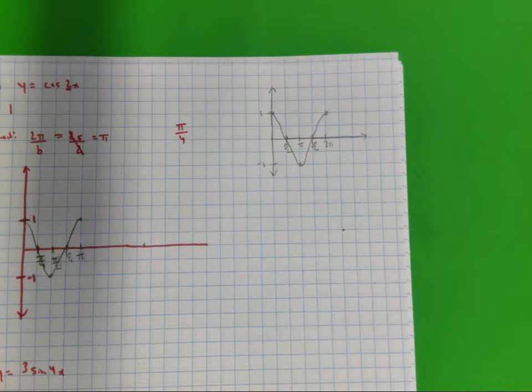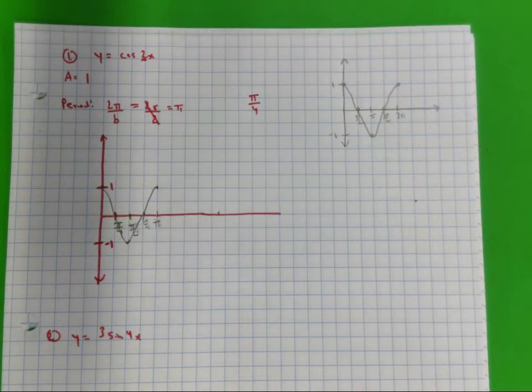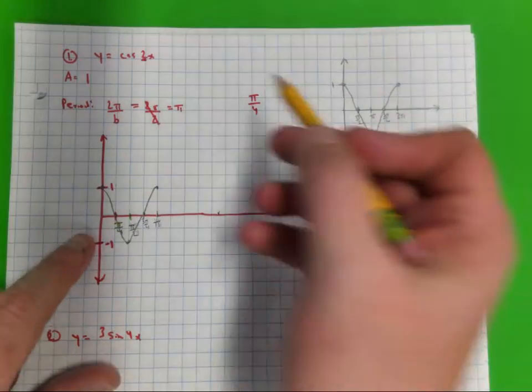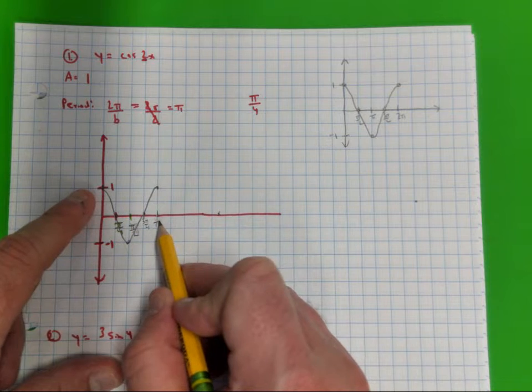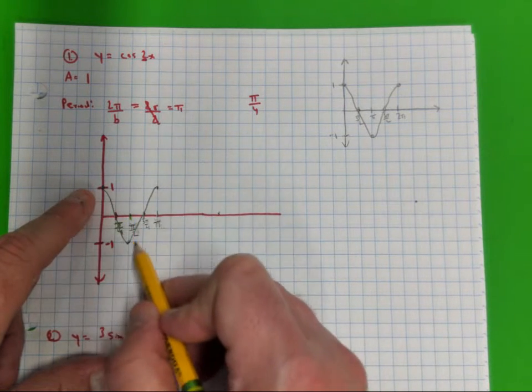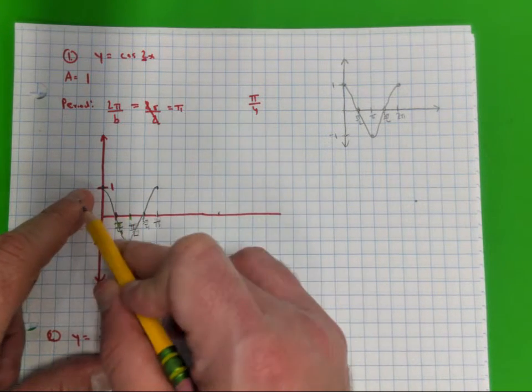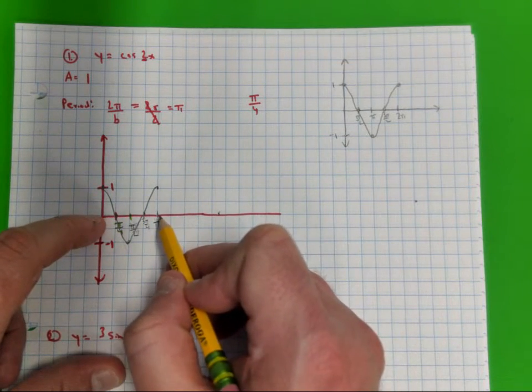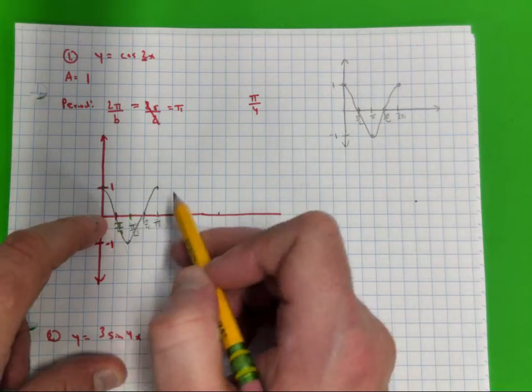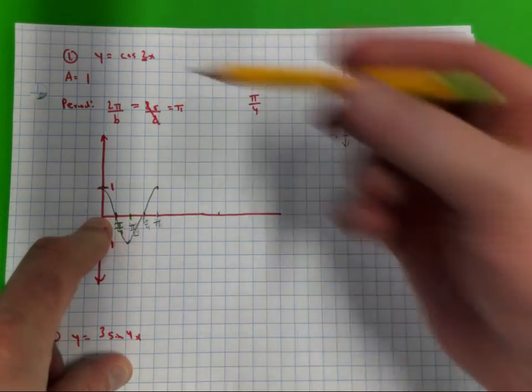But what I want you to do is to draw two cycles, okay? So we're just not going to draw one, we're going to draw two. But look here, the period was pi, and that makes sense because that is the distance to complete one cycle. It has that shape of the cosine, and it started here and went to here, so the distance to complete one cycle was pi, which is our period.